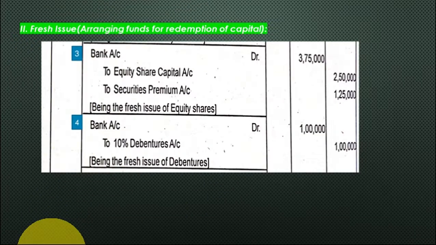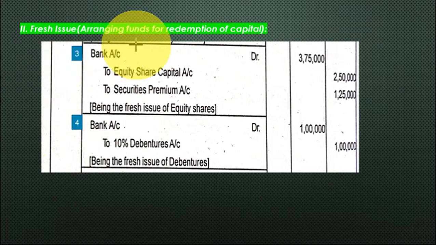Next step, fresh issue. That is, we are arranging the funds for the redemption of capital. See, when we are issuing equity shares: bank account debit to equity share capital account and securities premium account. In the previous videos I had discussed this in detail. We are receiving the money, selling the equity share capital, and issuing the equity shares at a premium. So securities premium is a gain for us.